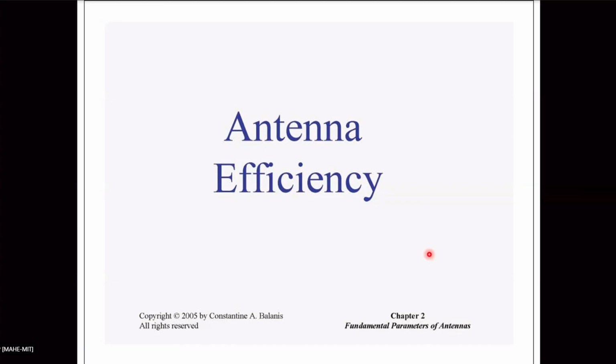The pattern is given as U is equal to sin theta into sin square phi, and both theta and phi vary from 0 to pi. So find out the exact directivity and the half power beam width in the elevation and azimuthal planes.